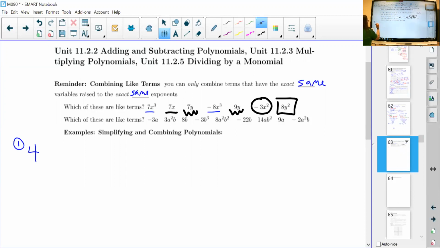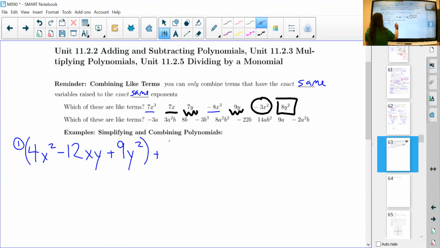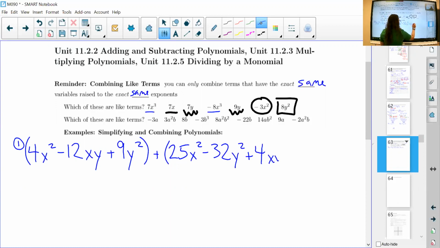So 4x squared minus 12xy plus 9y squared, plus 25x squared minus 32y squared plus 4xy.